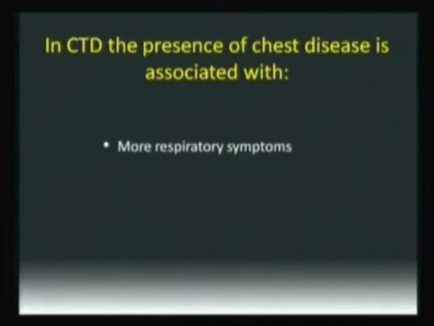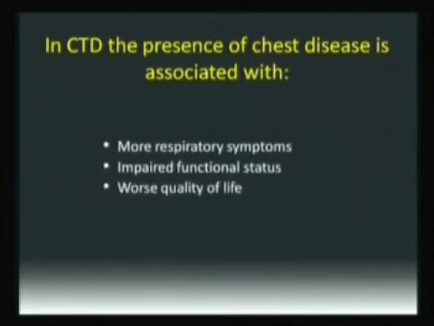The patient gets more dyspnea. Their functional status is impaired, they're less efficient in daily life. The quality of life is lower in patients with lung involvement and connective tissue disease as compared to patients with connective tissue disease and no lung involvement.